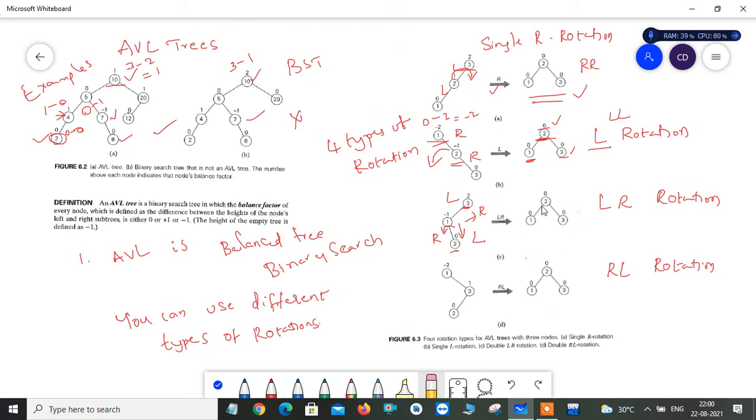So now you can observe that this 3 becomes the right child of this node 2. So now you find the balancing factor for every node. The balancing factor for this is 0 and this is also 0, and here also we get a balancing factor of 0, because the left subtree height is 1 and the right subtree height is also 1. So 1 minus 1, the balancing factor is 0.